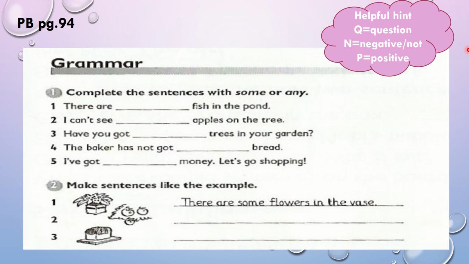Let's have a look at our practice books on page 94. Grammar question number 1. Remember, Q stands for question, N stands for negative or not, P stands for positive. Complete the sentence with some or any.